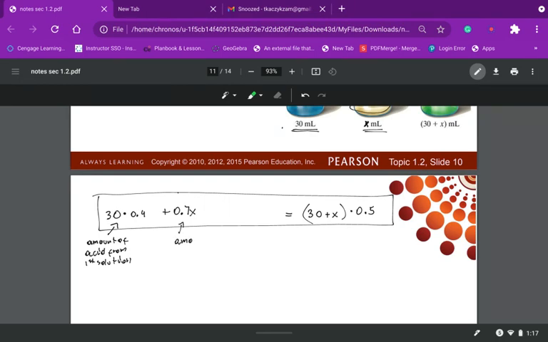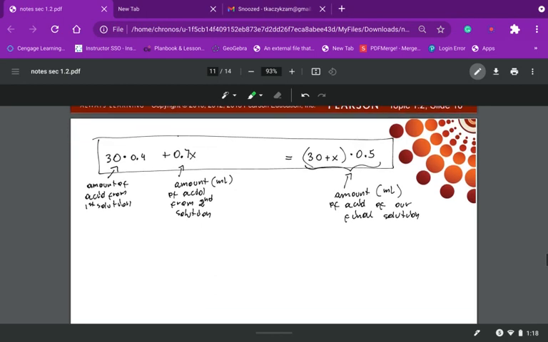The same thing, amount in milliliters of acid from the second solution. And here, this is the amount in milliliters of acid of our final solution. Since the final solution needs to have 50% of acid, that's what we multiply by 50.